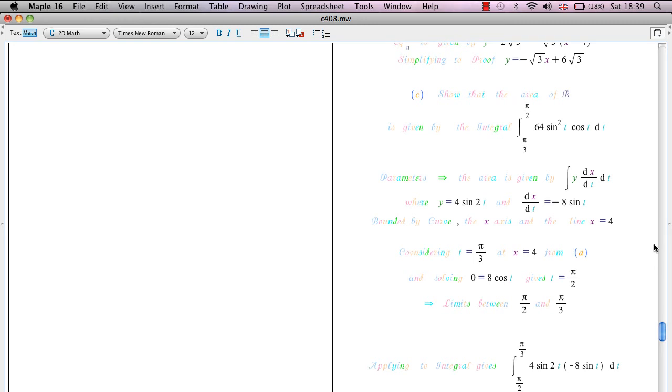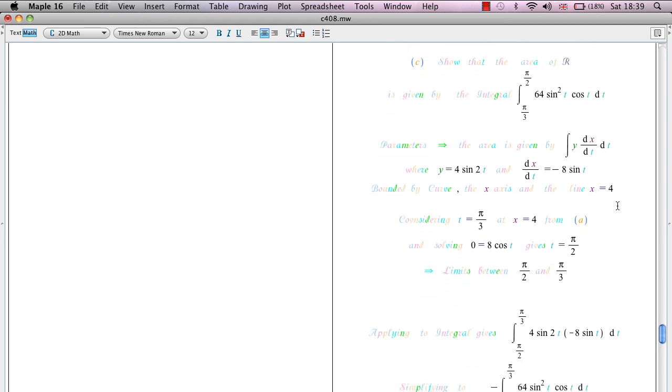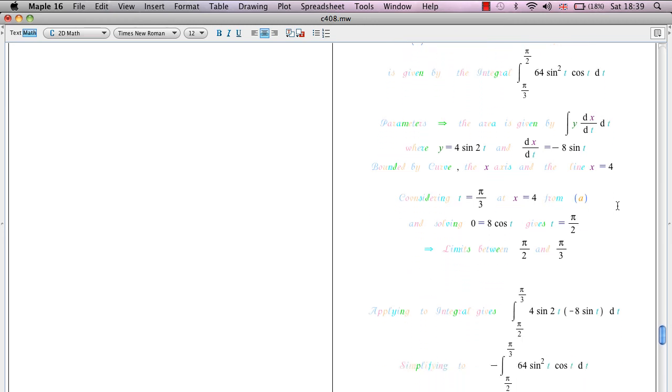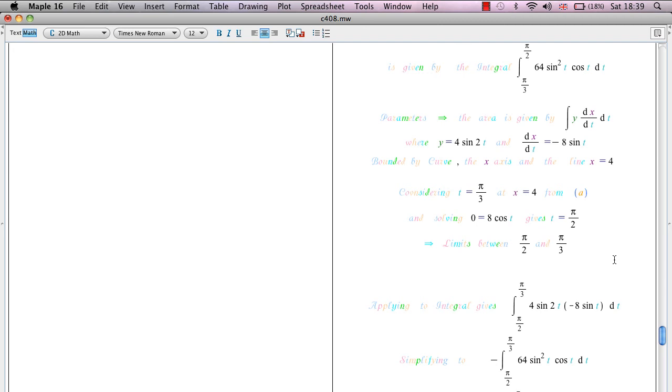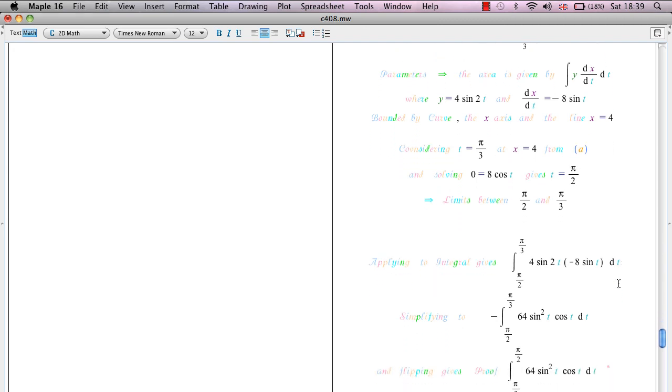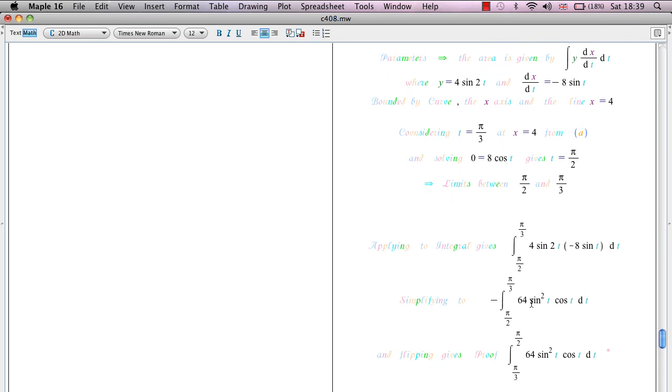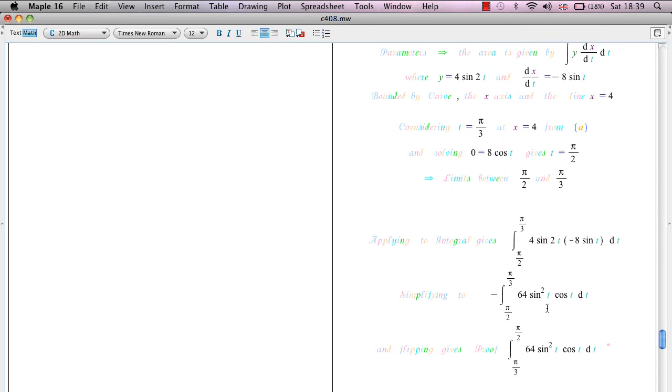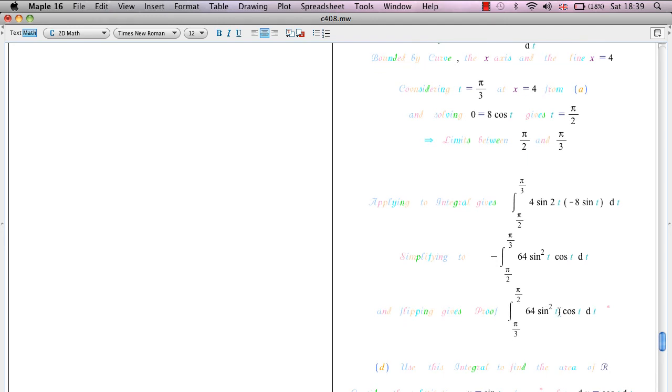And considering the integral for parameters for area, applying to the integral y dx by dt dt, it simplifies to here, and flipping gives the proof required.